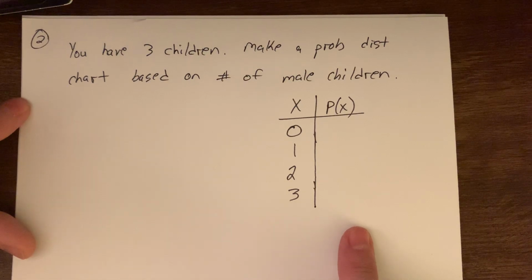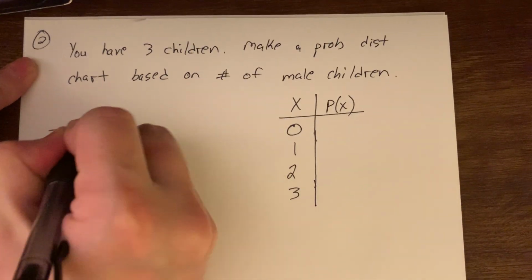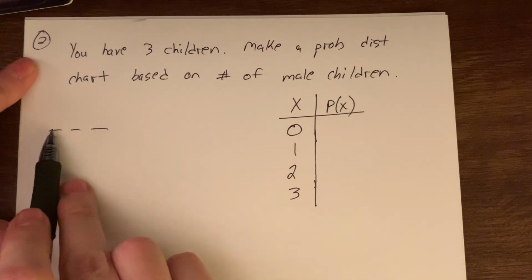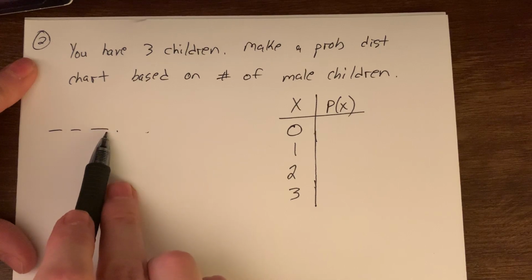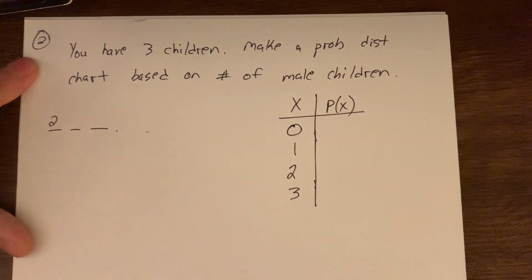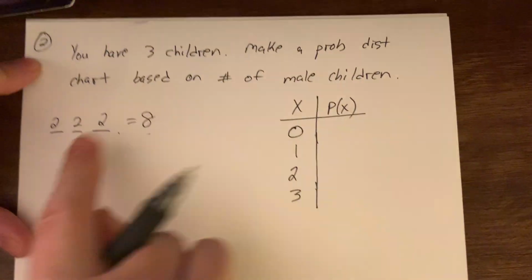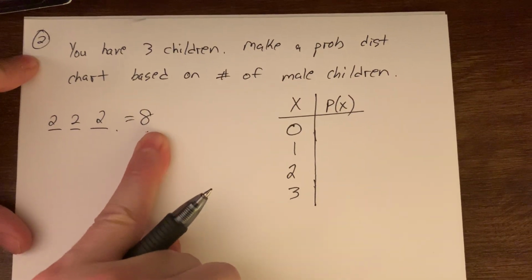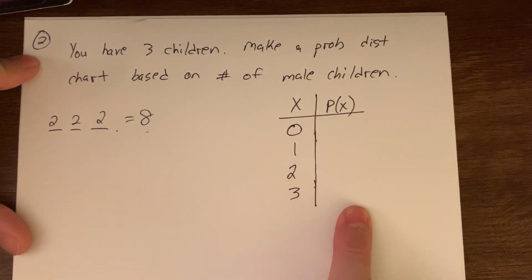I'm going to remind you very quickly of the counting principle. 3 children, so I'm going to establish 3 slots, but how many total possible outcomes are there? Well, how many possible outcomes are there for each slot? The first child, there's 2 possibilities, boy or girl. Second child, 2 possibilities, boy or girl. Third child, 2 possibilities, boy or girl. This would give you 8 total possibilities. So my probabilities are going to be something out of 8.